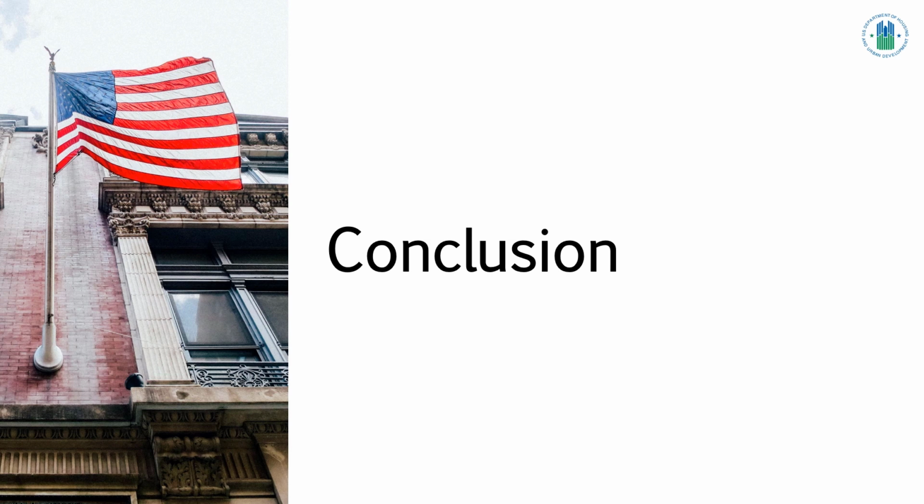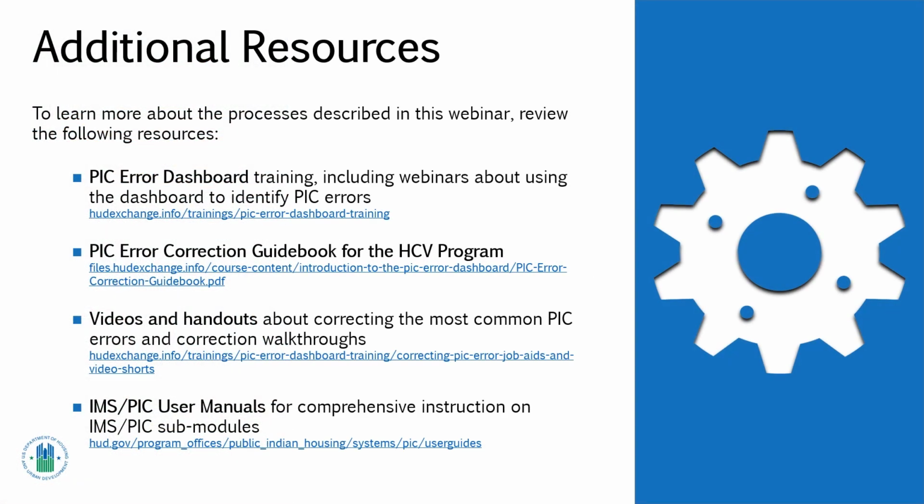To conclude this webinar, we'll review other training resources available to you and how to submit feedback on this training. In addition to this webinar, you can find other resources on HUD Exchange, including the Introduction to the PIC Error Dashboard webinar, the PIC Error Correction Guidebook, and videos and handouts on correcting PIC errors.